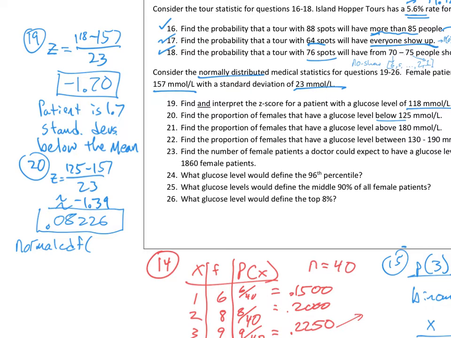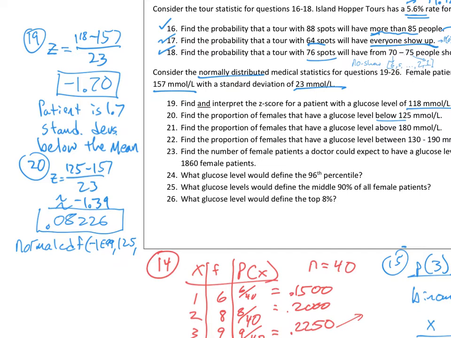So below means we're going to start with a small number, so negative 1e99. Okay, so a very, very big negative number, a number that's way to the left. And then we're going to go to 125.